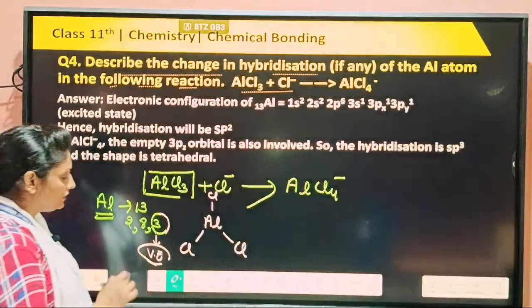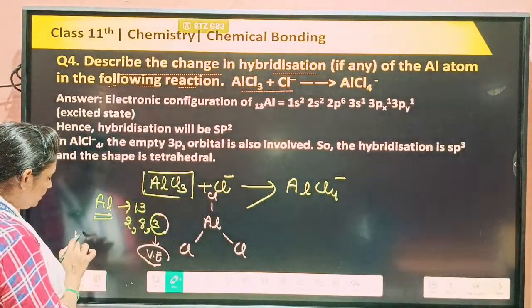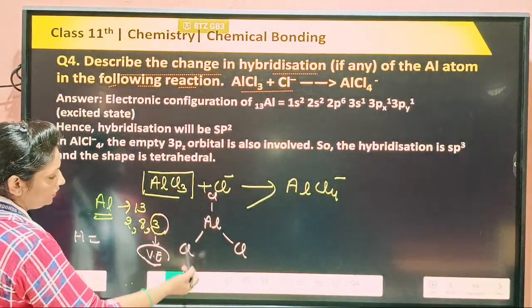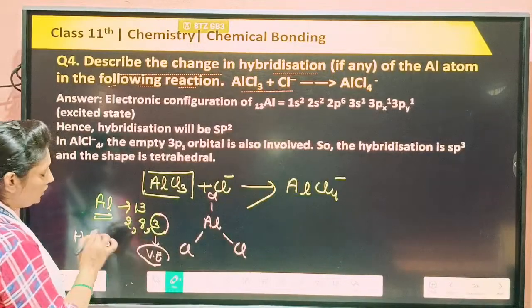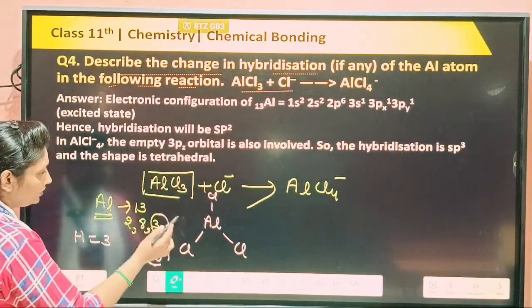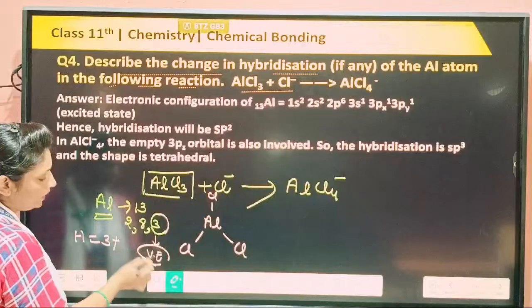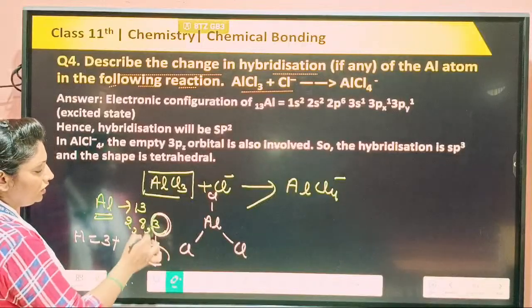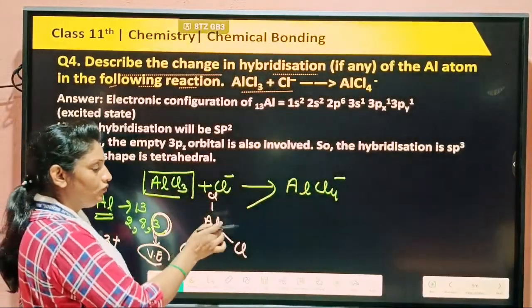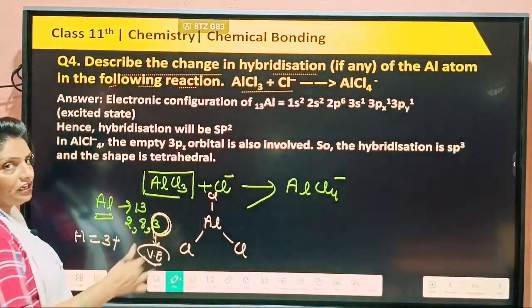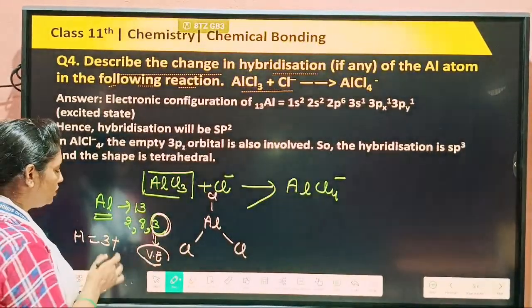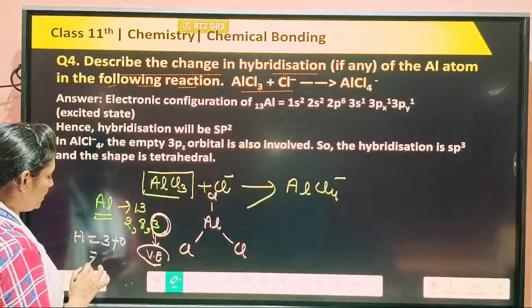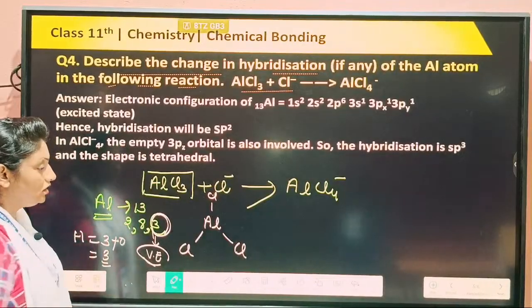So students, here for hybridization, the number of bonded atoms is 3. No lone pair is here, because there are 3 valence electrons and it is also forming 3 bonds, so all electrons are consumed in bond formation. So lone pair is 0, and the sum is 3.